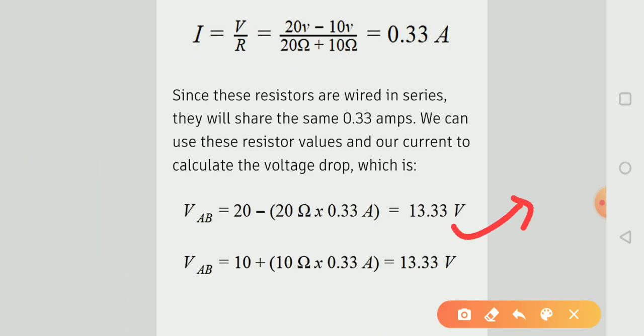So 20 minus 20 ohm, this is R, and current, this is voltage. So V minus I into R is equal to 13.33 volt.